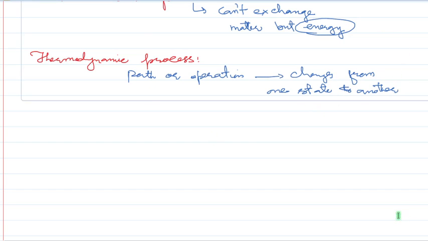We have different types of thermodynamic processes. For example, the isothermal process. First one we will take, the isothermal process.